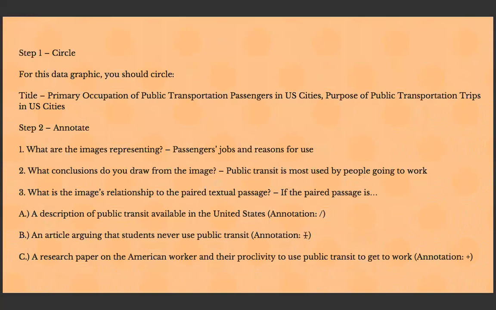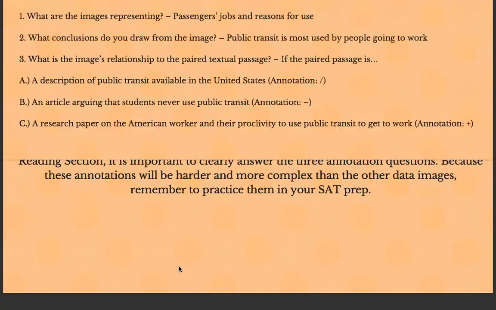Completely disagree, therefore it's a minus sign. If it's a research paper on an American worker and their need to use public transportation to get to work, that makes the most sense. Then it would be a plus sign because the two pie graphs and the passage match.